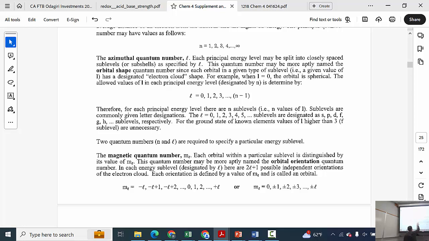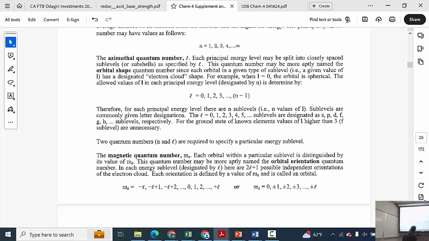But if L equals 1, we go from minus 1 to plus 1, going by integers through 0. So it goes minus 1, 0, 1. There are 3 of them. Minus 1 corresponds to an axis, 0 corresponds to another axis, and plus 1 corresponds to another axis. So they're oriented in 3-dimensional space. If we go to L equals 2, there are 5 of them.